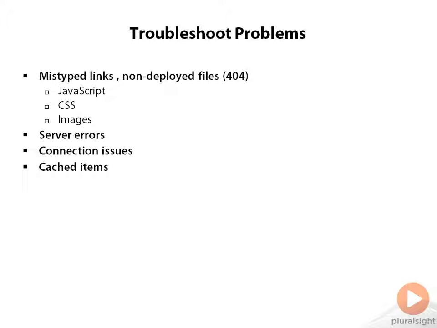The other thing you can notice is when there are cached items at play. So particular files can have images or style sheets or JavaScript set with expiration values, so they're stored in the browser cache. So there'll be times where you might update an image on your web server. You can go pull it up from the web browser on the client, and yet it's still showing the old image.